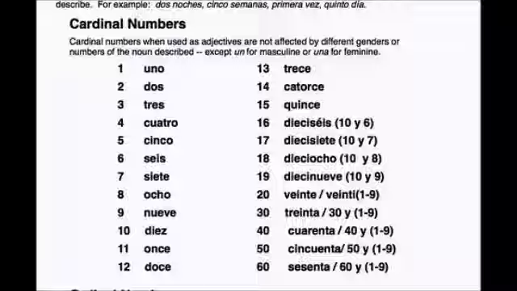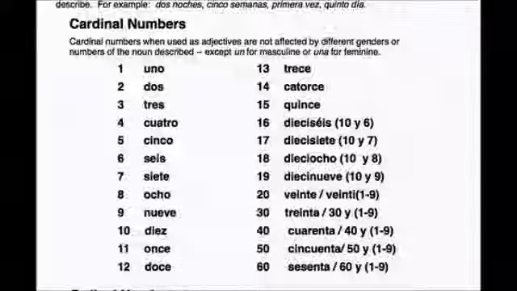Okay, these you need to know, and apparently we all do know them. That's a good thing. 16 through 19 in Spanish are going to be combinations.